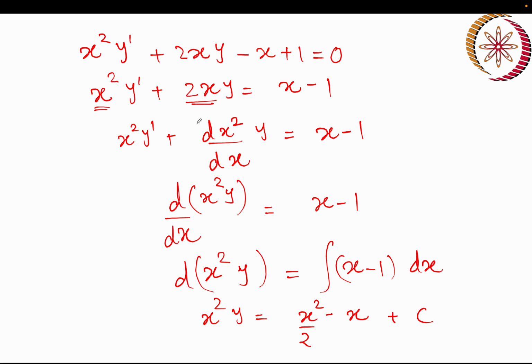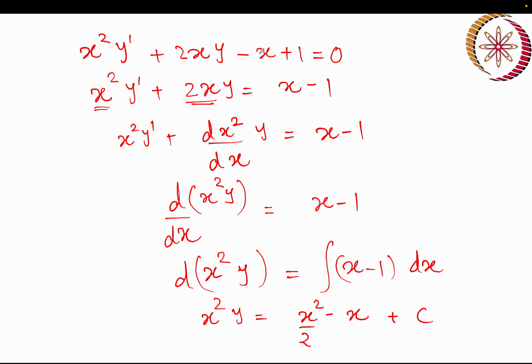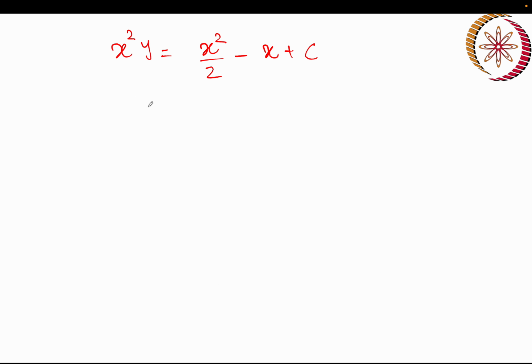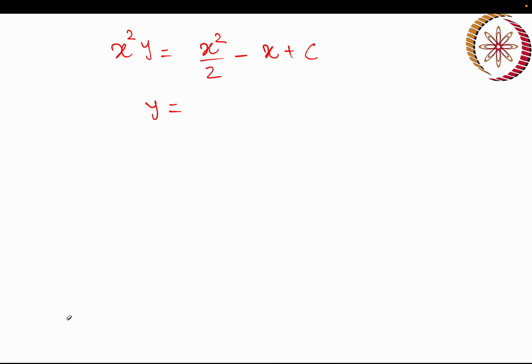I think it's correct. Okay, so x square y is equal to x square by 2 minus x plus c, and we can write y equal to 1 upon 2 minus 1 by x plus c by x square, and y at x is equal to 1 is given, which is 0.